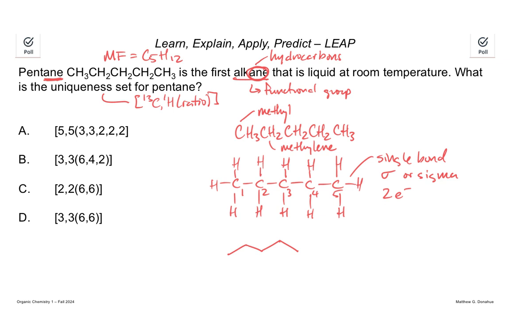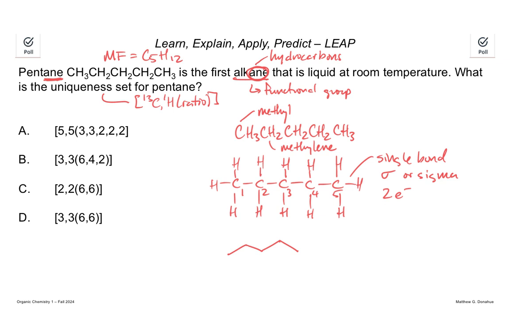And the reason we're doing this, as we'll see in the subsequent slides, is that for the molecular formula C5H12, I'm showing you one way of connecting the carbons, but there are other ways you can connect those carbon atoms that are different. And as we learn this uniqueness set, that's going to help us understand what we learn in Module 2, which is analytical techniques of how do we know we have a certain substance.